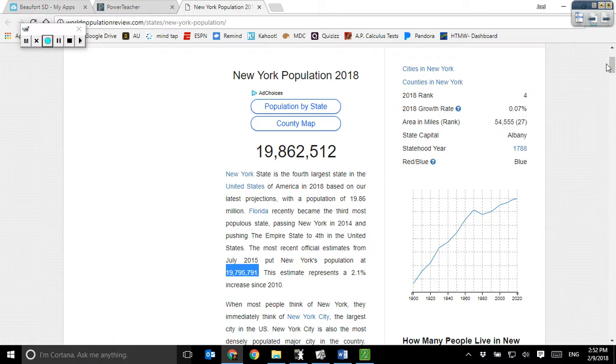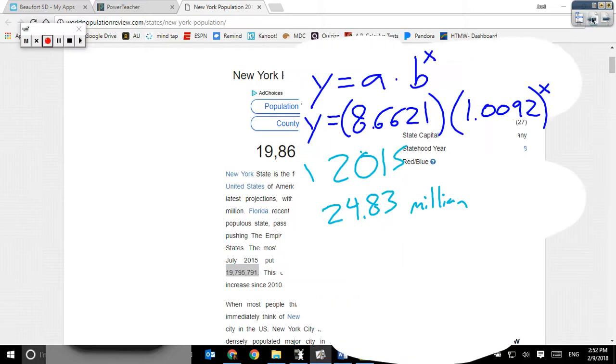The actual value is 19.7. So that logistic model we did where I was at like 19.2 is now looking very precise compared to 24.8. Okay, so logistic typically works better.